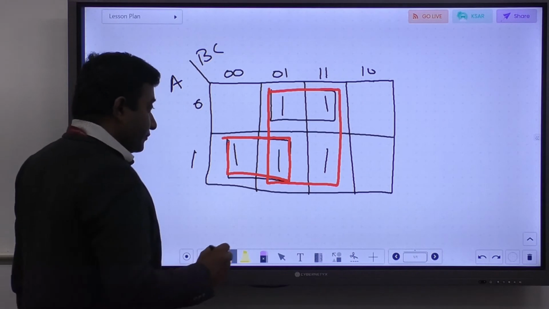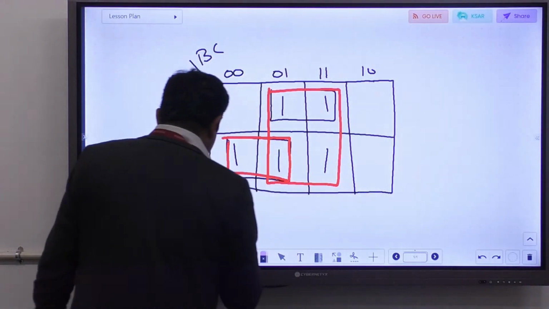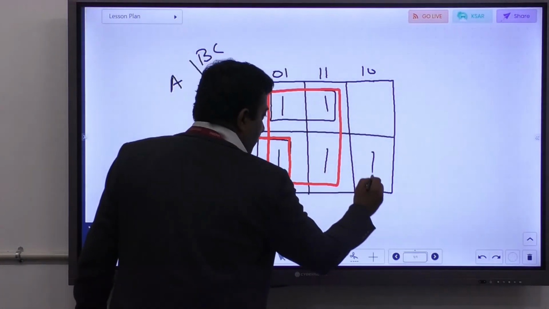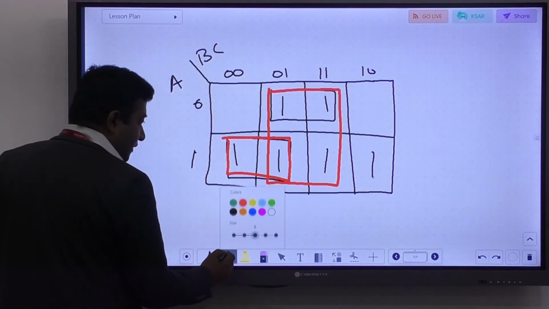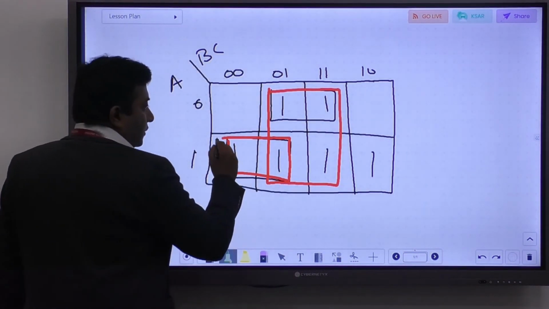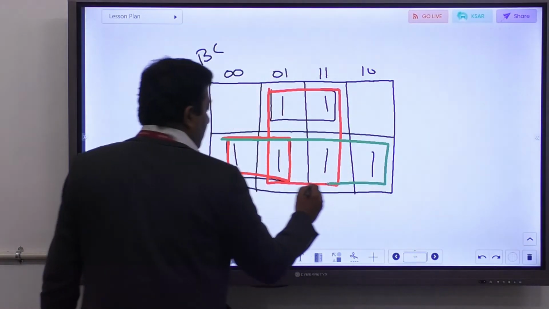Okay, if there is minterm over here, what we can do is we can generate 2 quads.